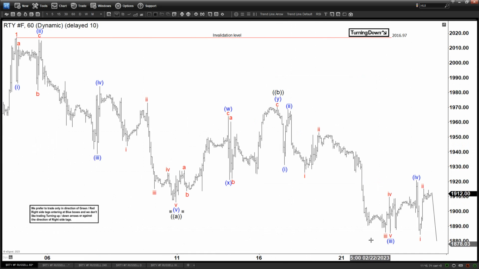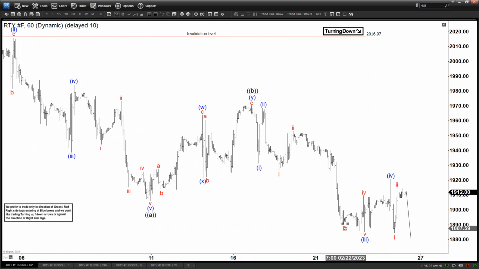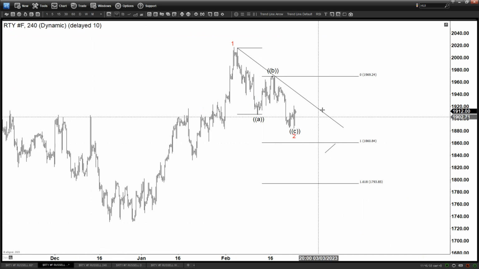Now in that case, you simply adjust the count, and then you can call this, let's say, 3, 4 here, 5 here. Sorry, we can keep it the same, but we call 5 ending here, like so, and that's it, right? But again, there is no indication it has ended. The reaction from the low is not significant, plus we are still below the bearish channel.